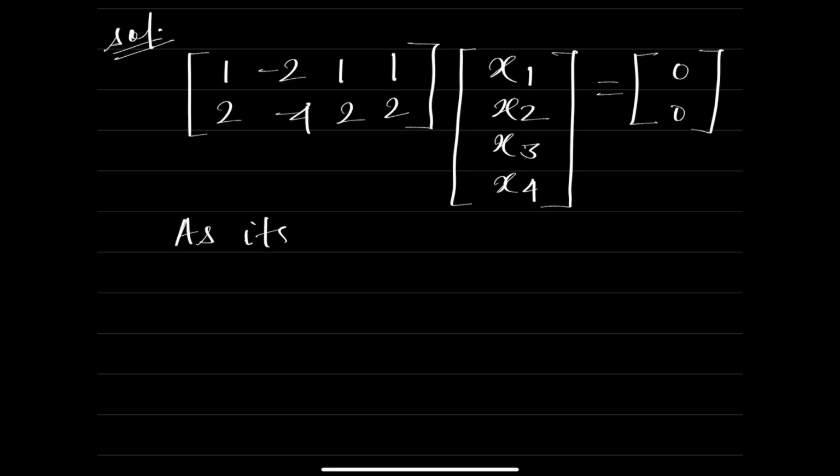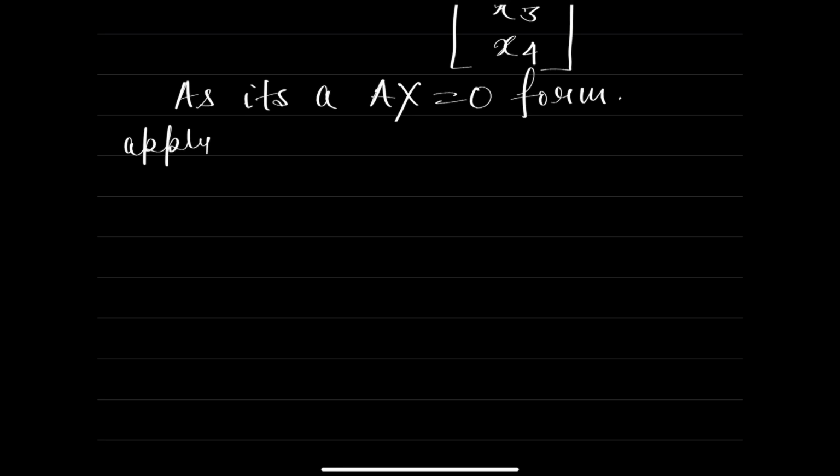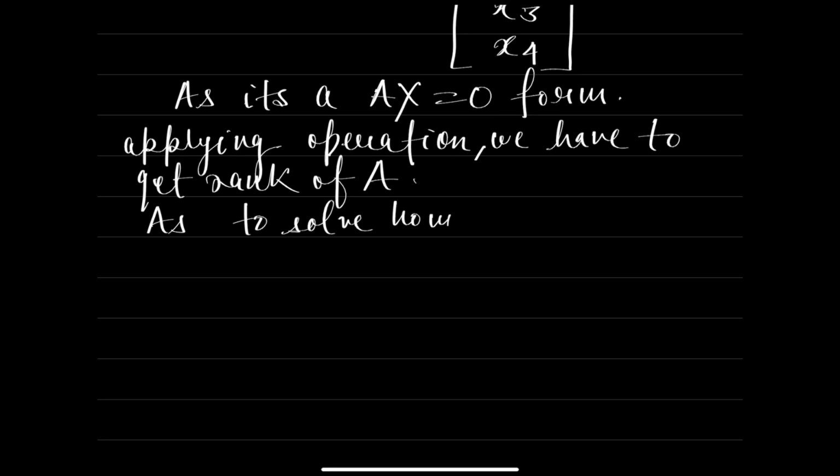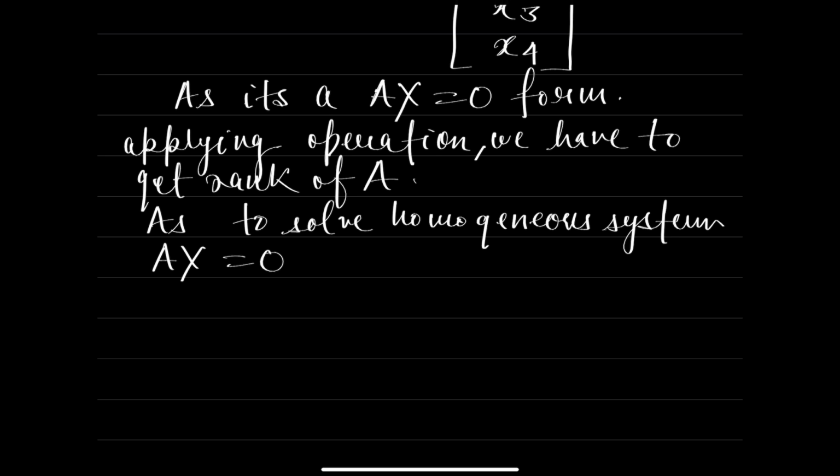As it is in the Ax equals 0 form, we apply row operations because we have to get the rank of A, as we need to solve the homogeneous system Ax equals 0.